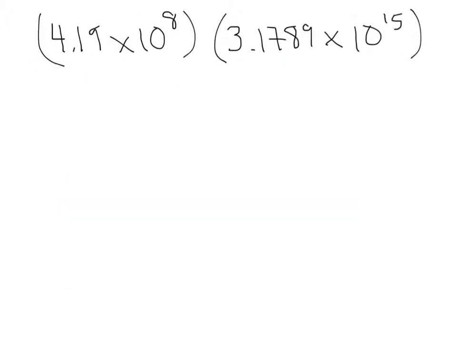So for a second example, we have these two numbers that we'll be multiplying together. Once again, this means we're going to do 4.19 times 3.1789.